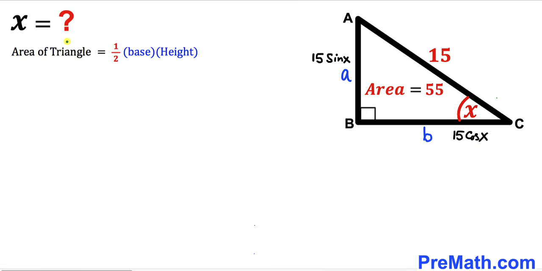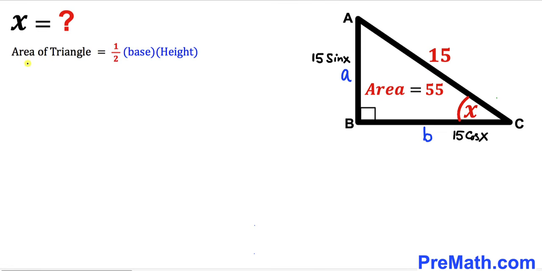Now let's recall the area of a triangle formula. Area is always equal to a half times base times the height of the triangle. In our case, the base of this triangle is 15 times cosine of x, whereas the height is 15 times sine of x. Moreover, the area of this triangle has been given to us as 55.